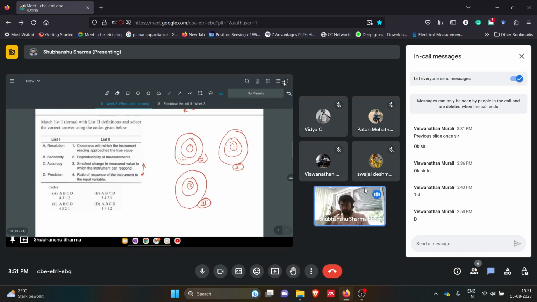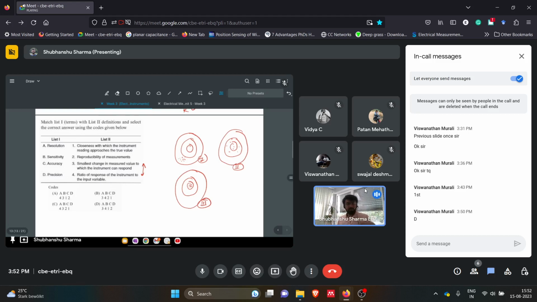Okay, we have one answer, D. We'll know the answer while learning. So what is happening? Precision is basically how again and again you are repeating that value. If you have some system, how you are repeating the values.